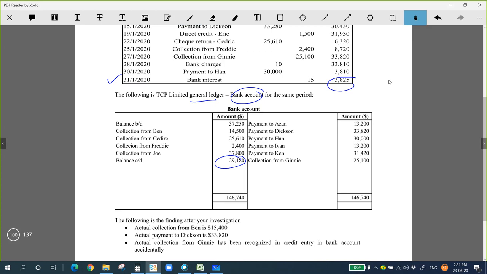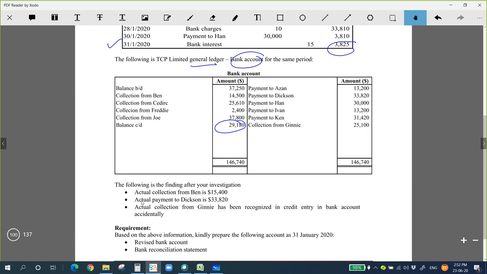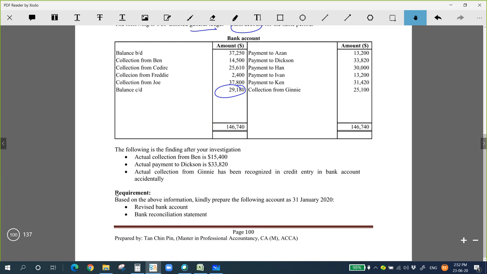So what are the reasons for this unequal bank statement balances and general ledger balances? They say that they have found out some issue here. What is the requirement? Based on the above information, kindly prepare the following account.